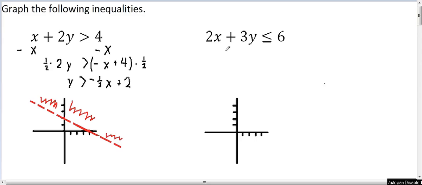Next, we have 2x plus 3y is less than or equal to 6. Once again, let's solve this inequality for y first. We subtract 2x from both sides. Then let's divide both sides of the inequality by 3.